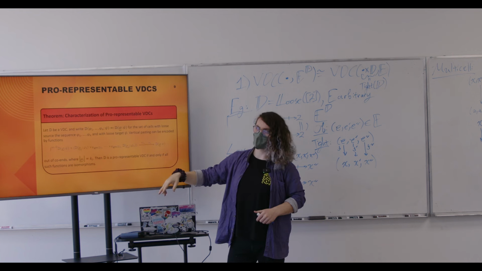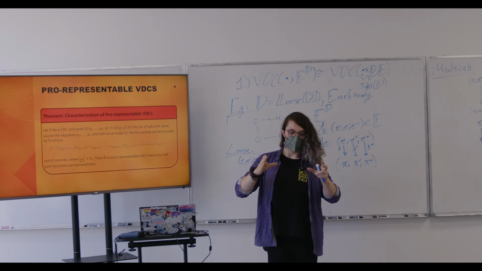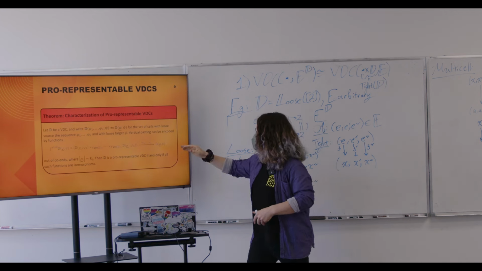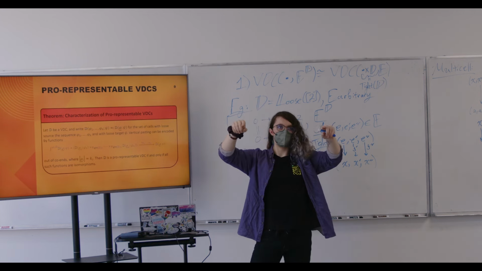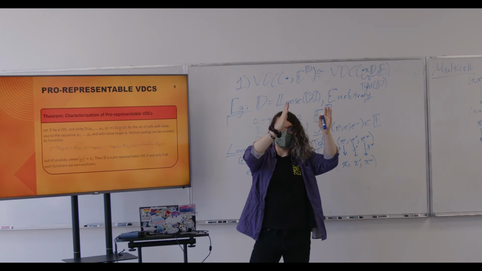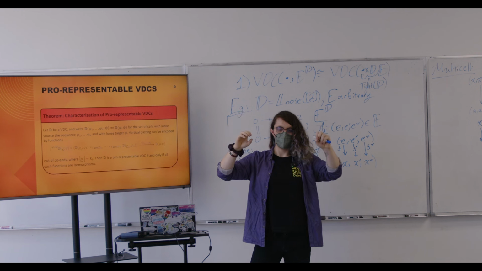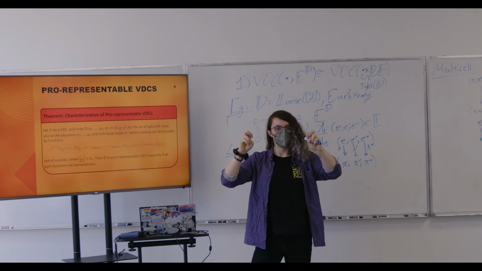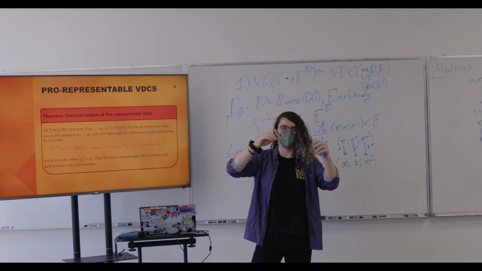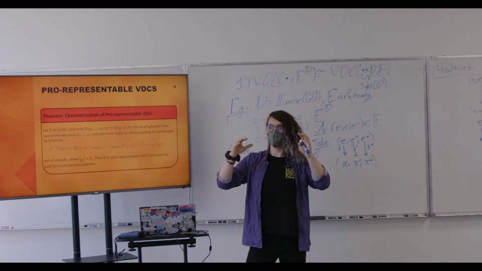And then in order for it to be pro-representable, we need all of these to be isomorphisms, which is to say all multi-cells can be decomposed. If we have a multi-cell with a certain length, if we take a partition of that integer length, then we can uniquely decompose it up to associativity of composition. So we can decompose any given multi-cell as a composite of things.